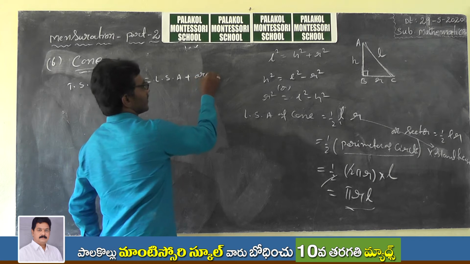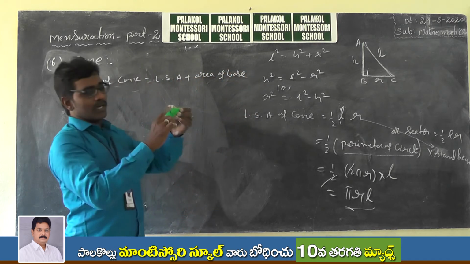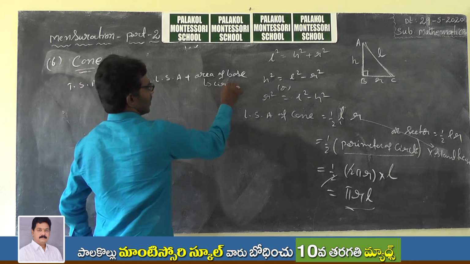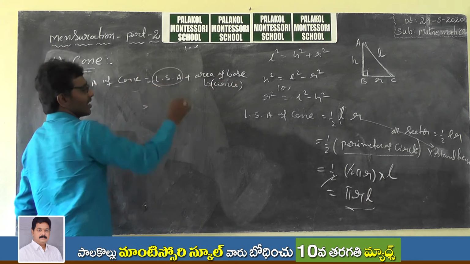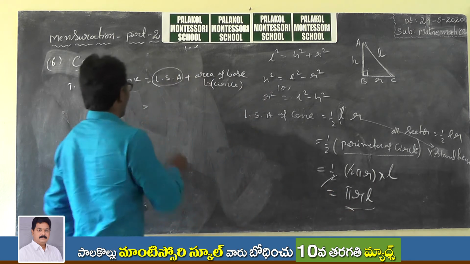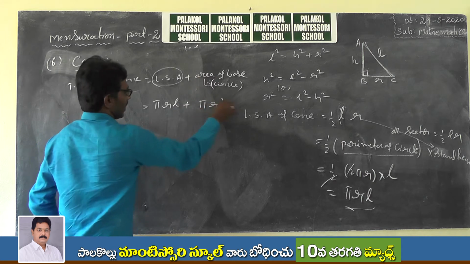What is the shape of the base? Circle. So you write the area of the circle formula. Lateral surface area of the cone formula, already got, is pi r L. So pi r L plus pi r square.